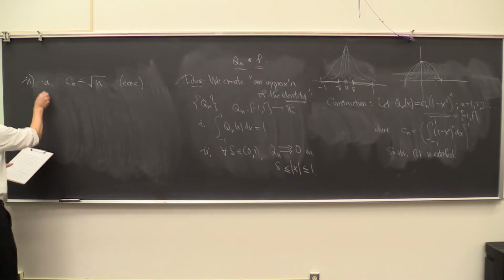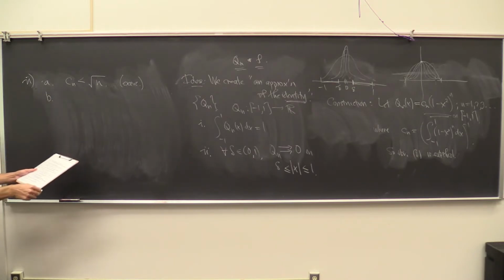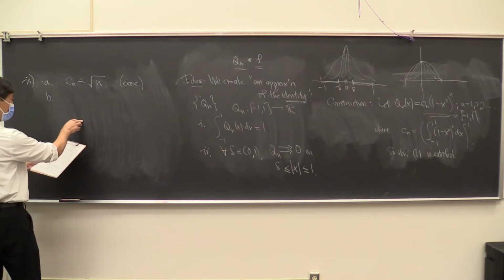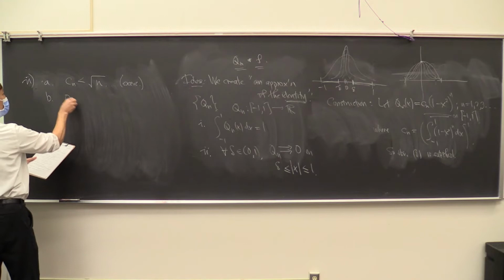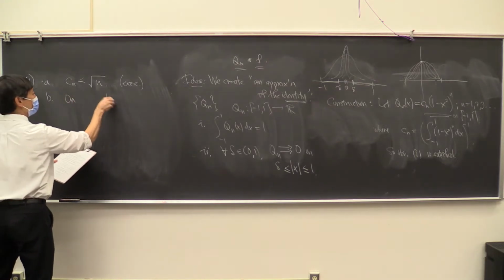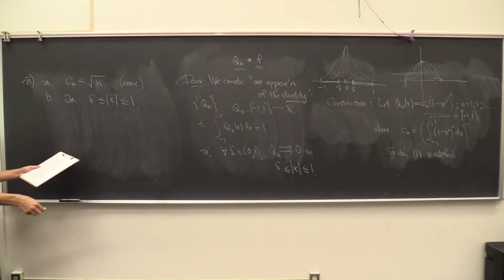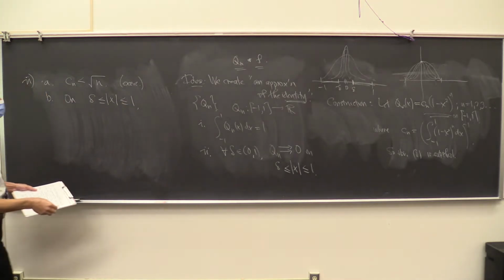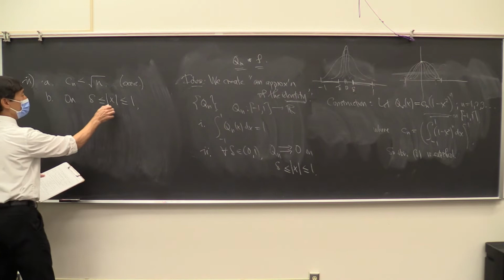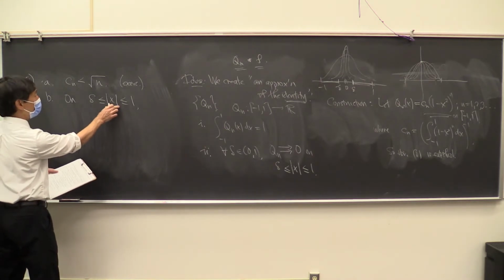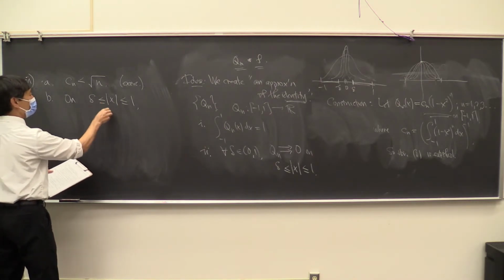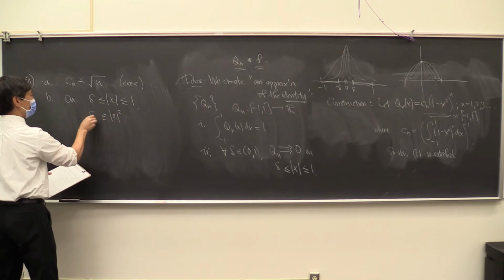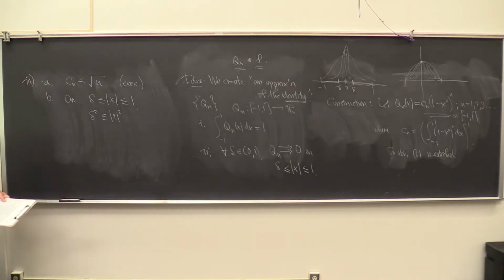And then the second part of it is to notice that if we are on this set, then sort of obviously, the absolute value of x is bigger than delta, so x squared is bigger than delta squared.